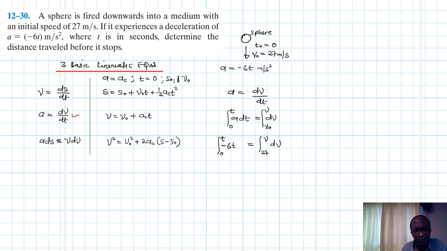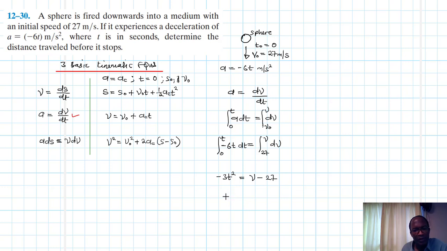Alright, if we integrate, on one side we have minus 3t squared, equal to v minus 27 on the other side.